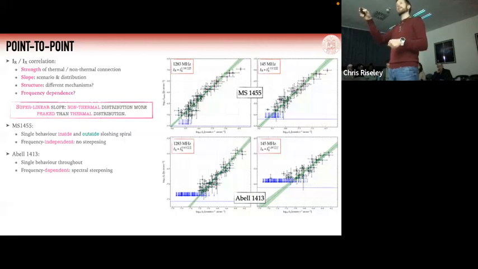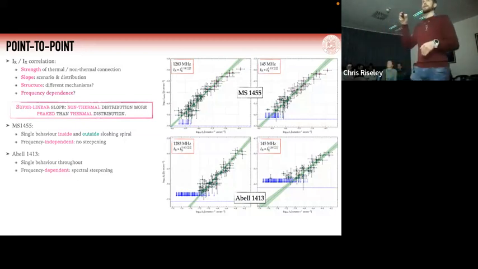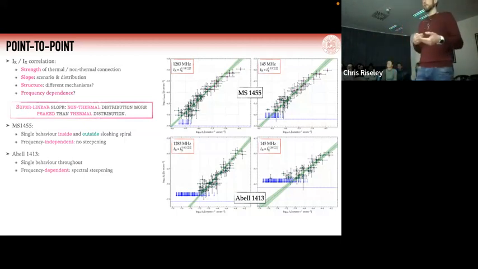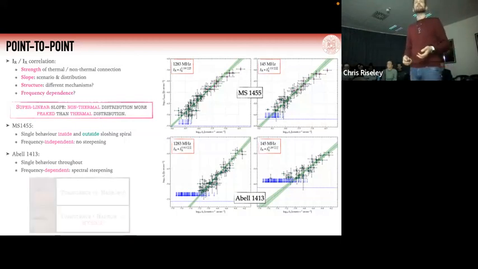However, we see a much steeper slope with MeerKAT at high frequencies than with LOFAR at low frequencies. And what this tells us is that we have spectral steepening going on. So even though we don't necessarily see it from some of the other probes, we have spectral steepening. And this is perhaps more in tune with the interpretation that we have greater contribution from turbulence.